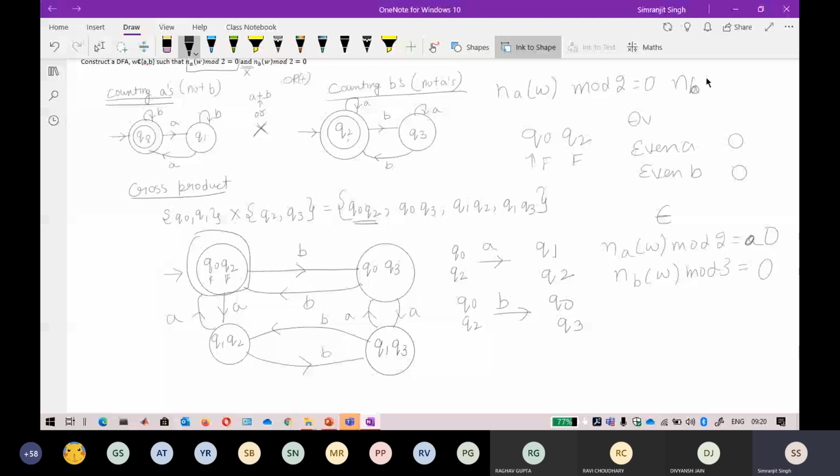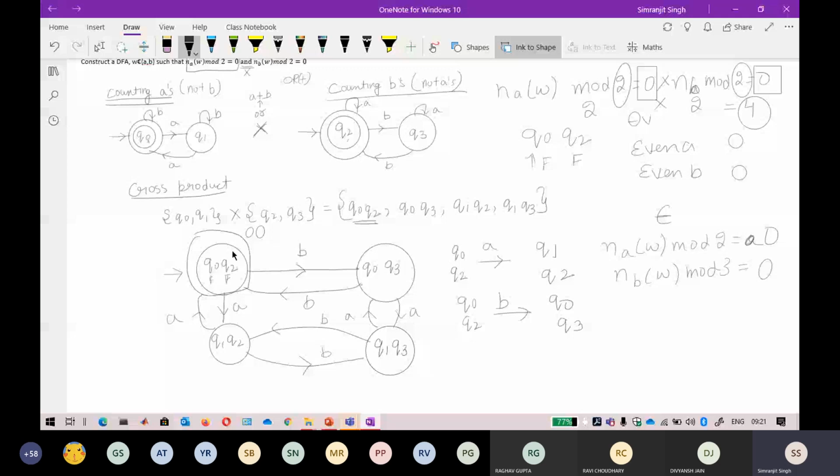If you remember the formula, there will be two states for this one, and two states for this, and so I just multiply them. If you multiply, you obtain a total of four states, and the final state can be considered as the zeroth state and the zeroth state. So this is a 0, 0 state. It means the starting state can be considered the initial state.